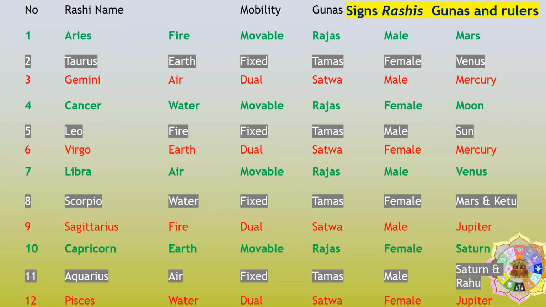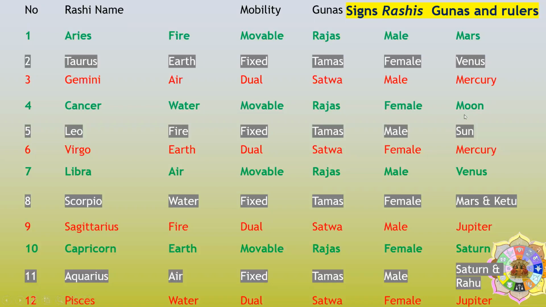The other thing is Cancer, the fourth sign, which is the first water sign, and it's initiating again because it's a movable sign, and it is Rajas in nature. Even though the Moon, there is a subtle distinction I'm going to make, because you may well ask, the Moon is a Sattva Graha, so is Surya.